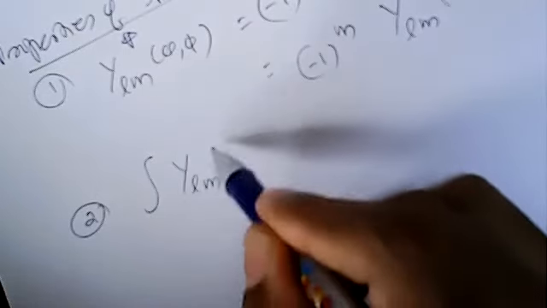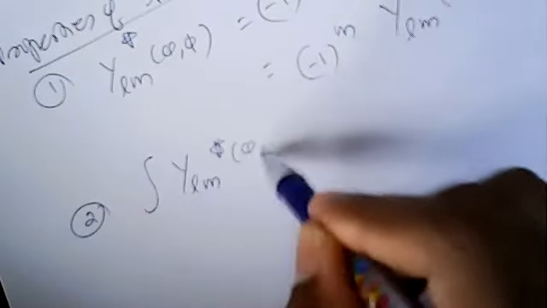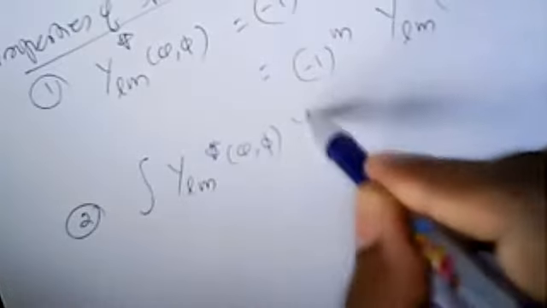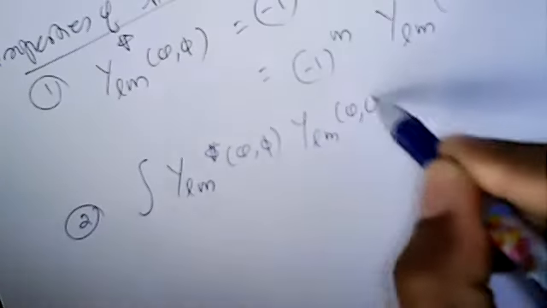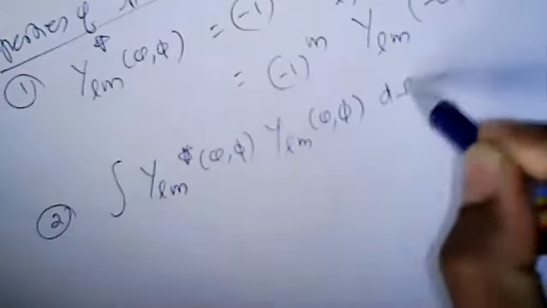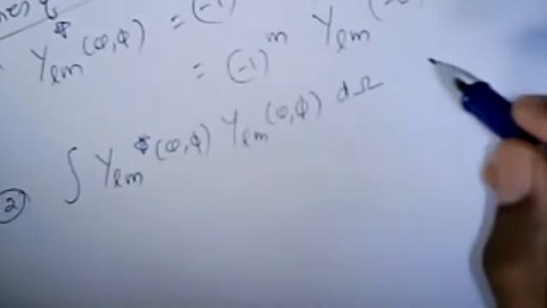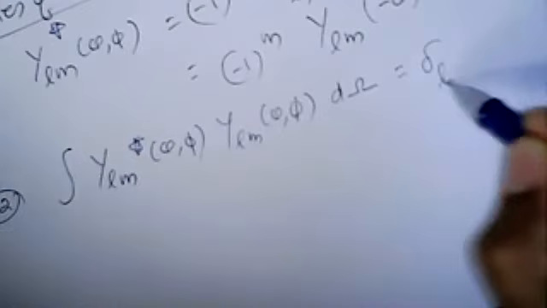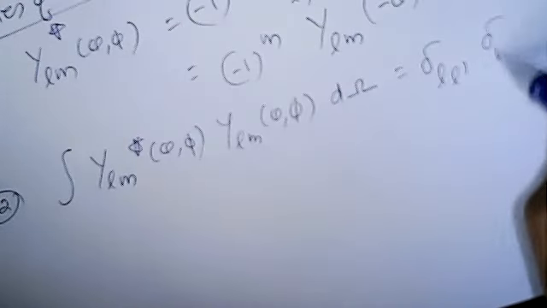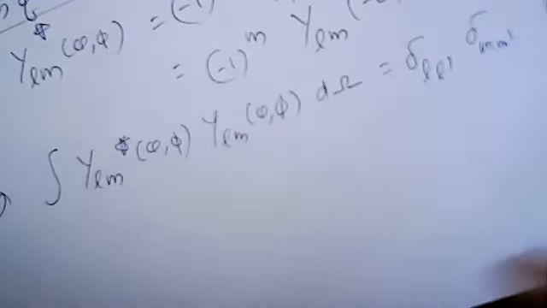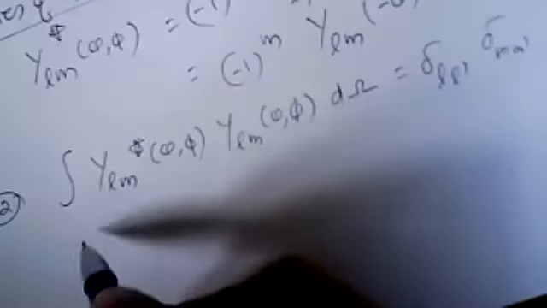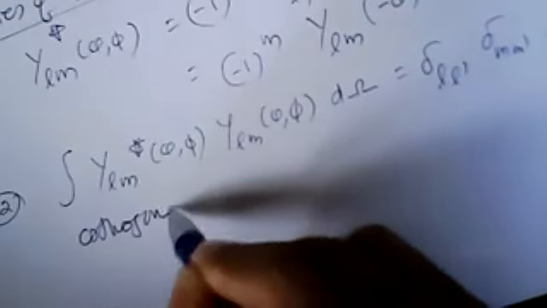So integral YLM star theta phi YLM theta phi integrated over solid angle d omega is delta LL dash delta MM dash. Okay. So this is another property, this is known as orthogonality of spherical harmonics.